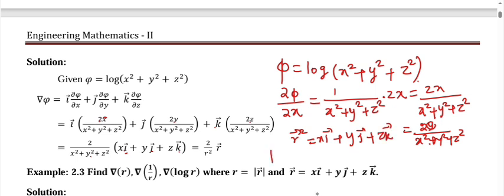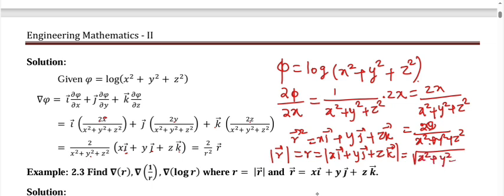From this, the determinant of r vector, that is the magnitude r, equals the magnitude of x i vector plus y j vector plus z k vector, which is equal to root of x square plus y square plus z square.